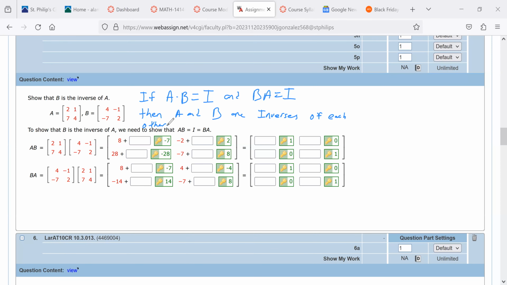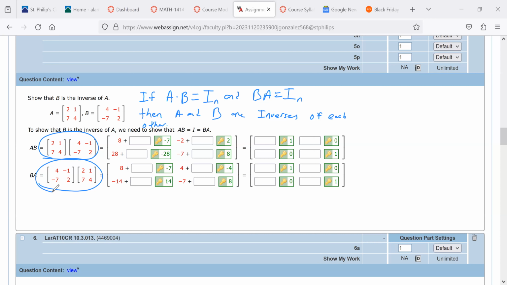All you have to do is multiply them. Of course, this is dimension 2, so this is assuming n by n size, so A and B are n by n. Here, if I multiply these two out, and this out, they both have to give me the identity.